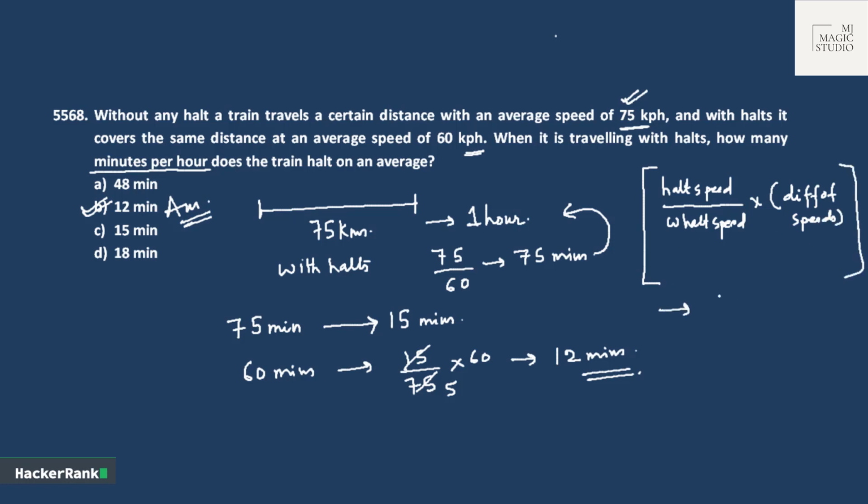This is the direct formula we use. It is simply 60 by 75 into, what is the difference between 60 and 75? That is 15. 15/4, 15/5, 3, 12 minutes.